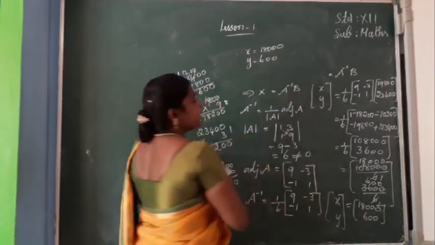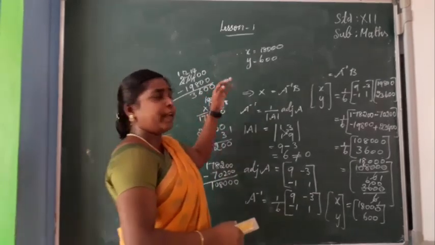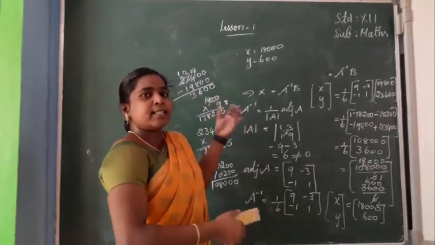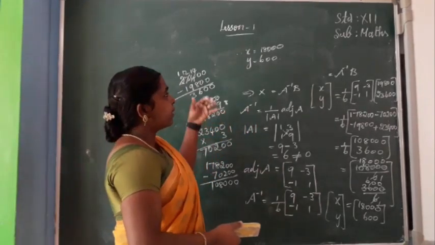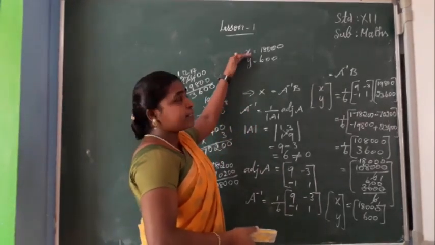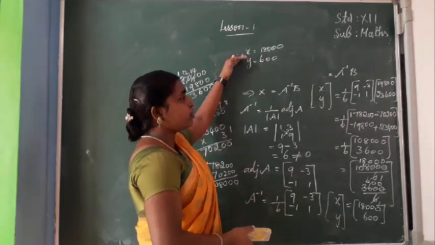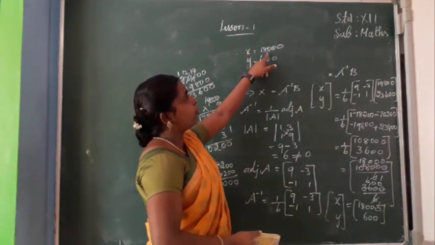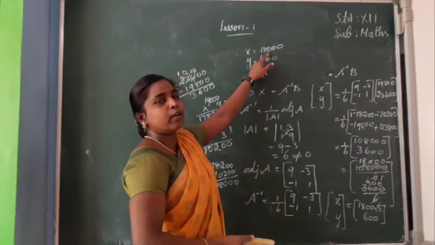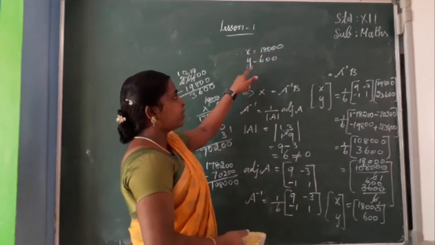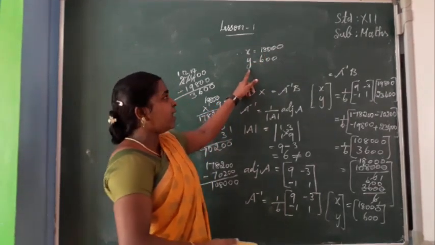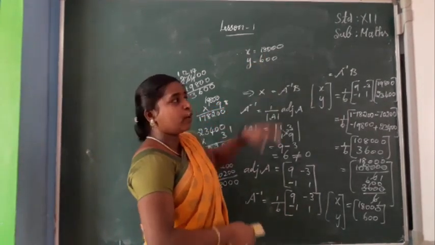Actually in our question, solve means this much is enough. But the problem asks what is his starting salary? So you have to write therefore his starting salary is rupees 80,000 and his annual increment is rupees 600.